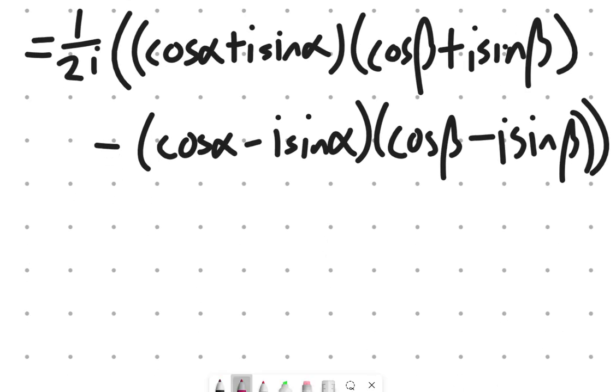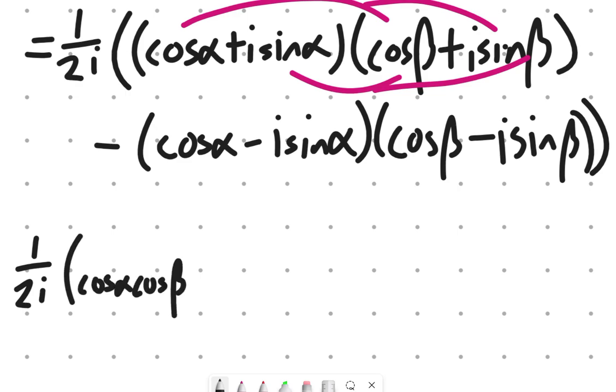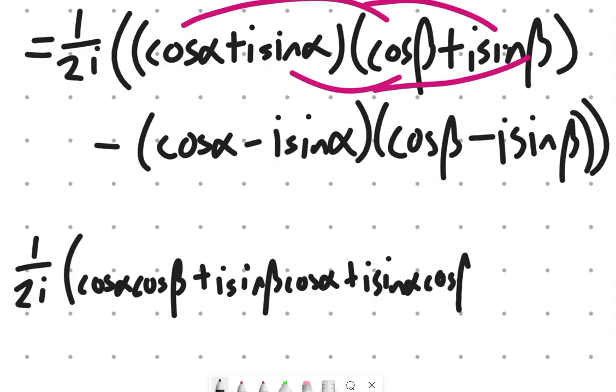Now we're just going to use the distributive rule to split this up. So it's 1 over 2i times cosine alpha cosine beta plus i sine beta cosine alpha plus i sine alpha cosine beta. Now i times i is negative 1, so negative sine alpha sine beta.